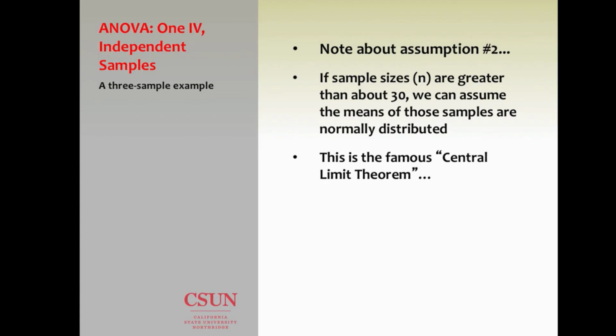But if you get to about 30 or more people, as I said, if we sampled all 50 people that taught classes at CSUN last semester, let's say, in the psychology department, even if it was clumped at one end or something like that, we would still be able to say something about it because our sample size is big enough, and 30 is the conventional cutoff there.